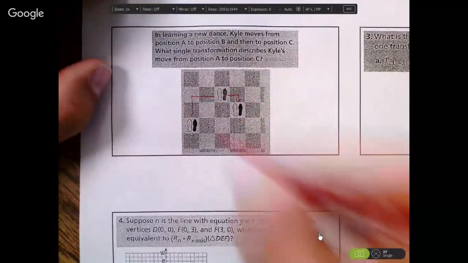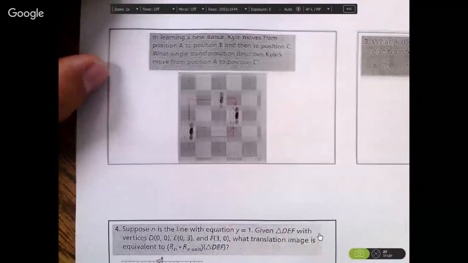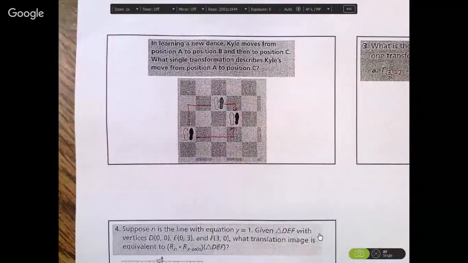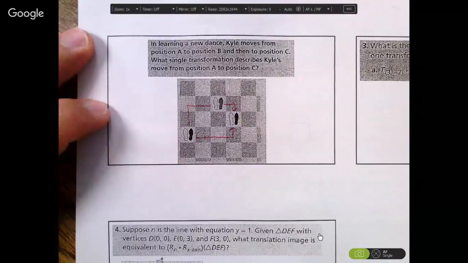Well, couldn't you just go from here to here? It would be like me dancing with my wife, and I say, you know what? You do those moves, and I'll just meet you over there. Doesn't make sense. But if you're actually moving something, it would make sense that you want to go the easiest direction. So it says, how could we describe what we're doing here in these movements?